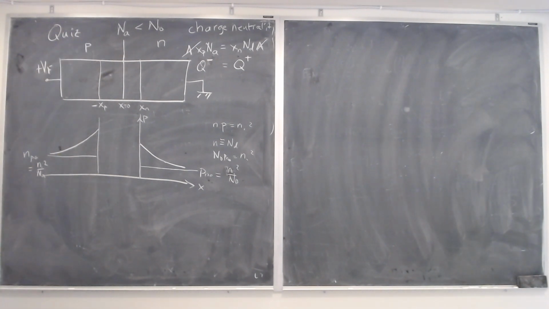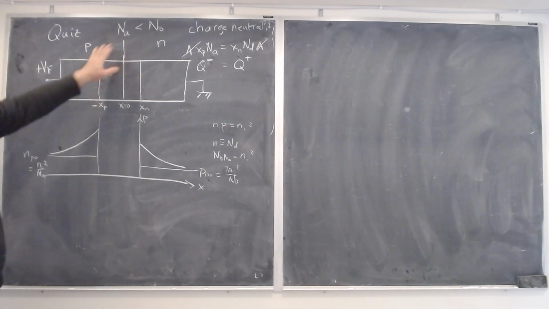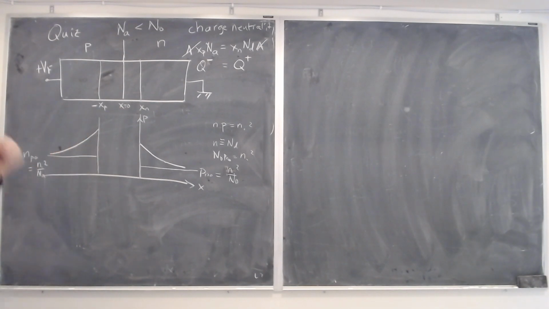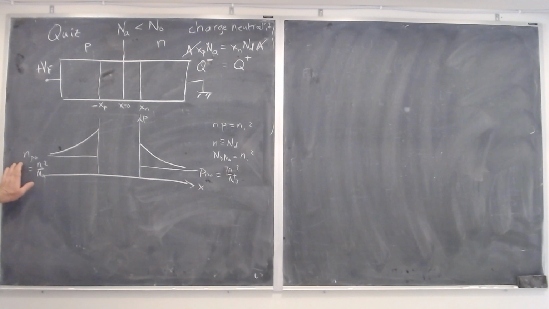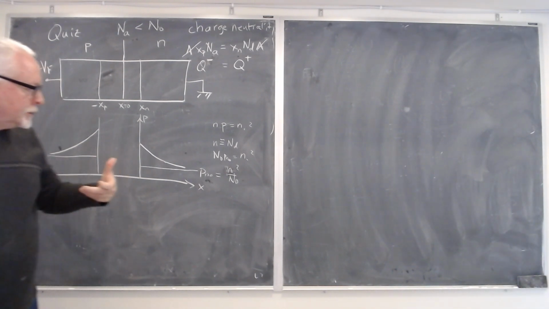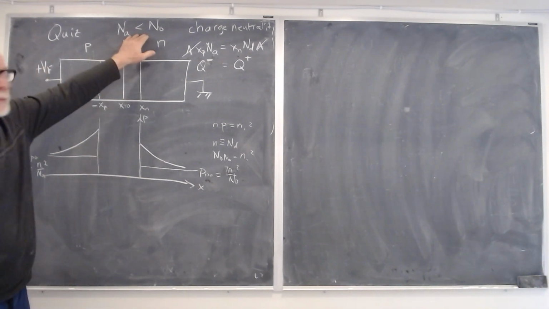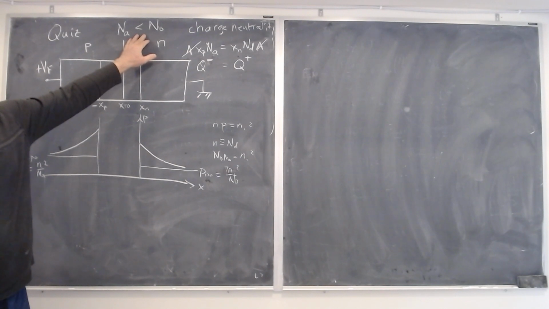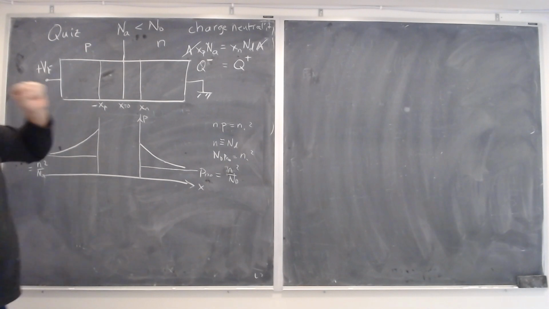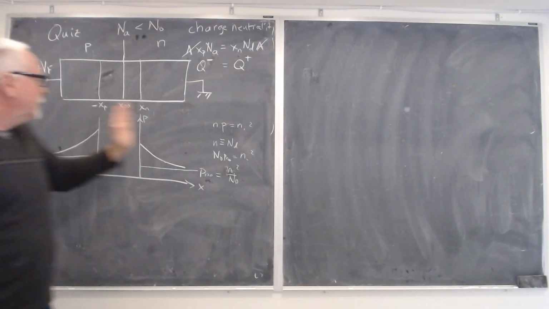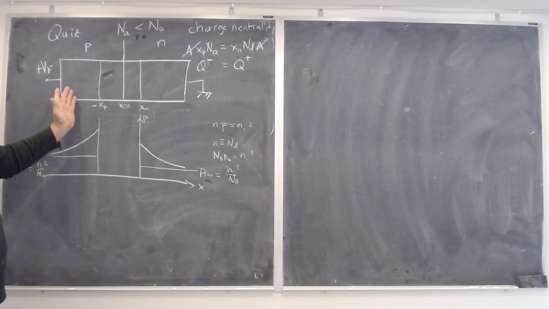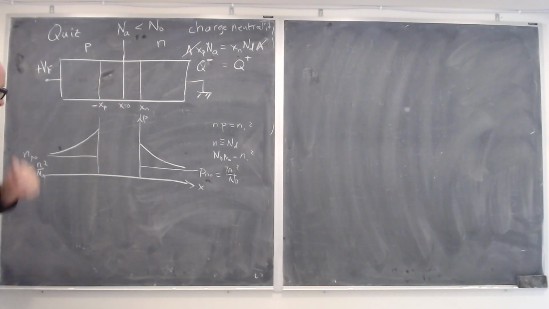I did the quiz sort of backwards, and I started with this and then drew the diagrams. You were supposed to see this being less than that and understand that that meant that this was true. In fact, almost all of you understood that, which is good. And then, because that's true, you're supposed to understand that the depletion region on the P side was larger.